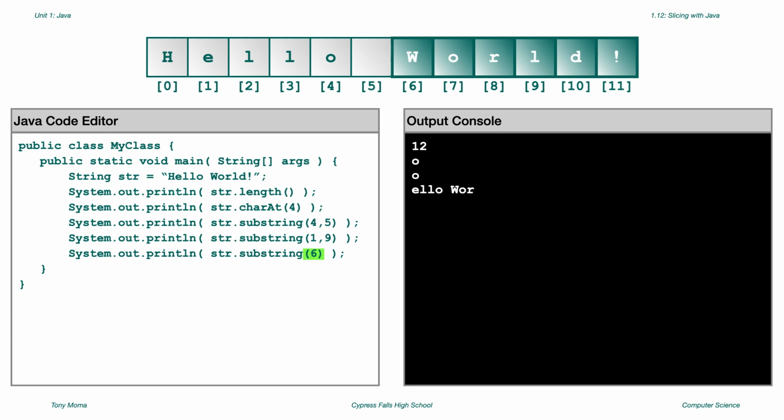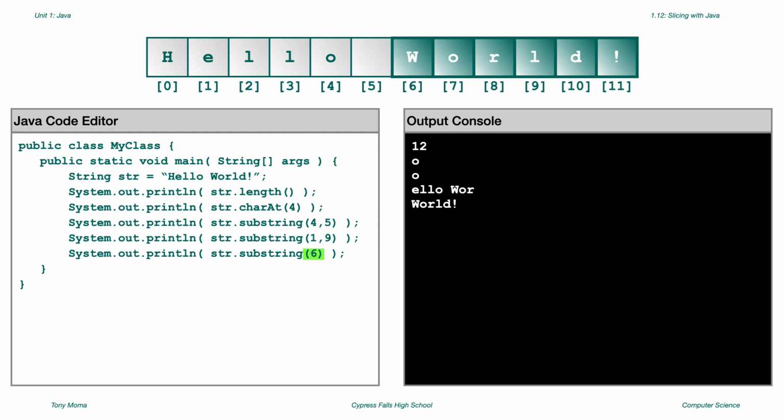When you call the substring method with just one number, the substring method will then assume that you're going from that one number all the way to the end of the string. So in this example, by simply typing the number 6, the substring will interpret that to mean go from index 6 all the way to the end of the string. That value gets returned and thus printed out to the screen.